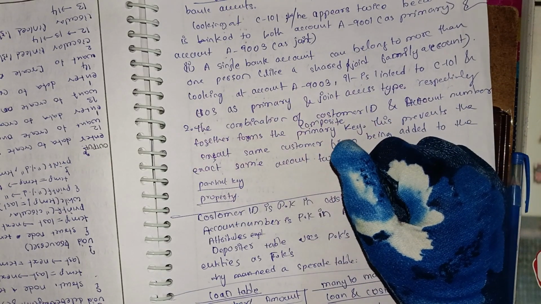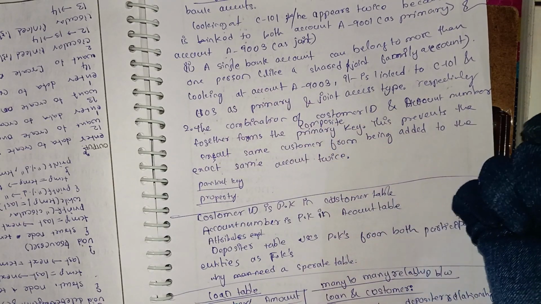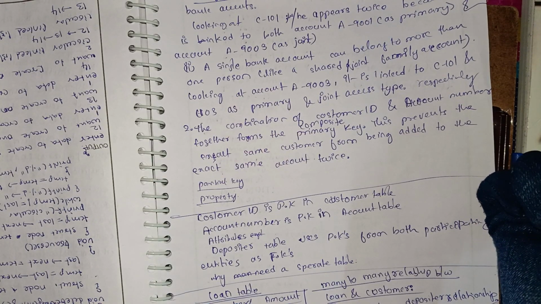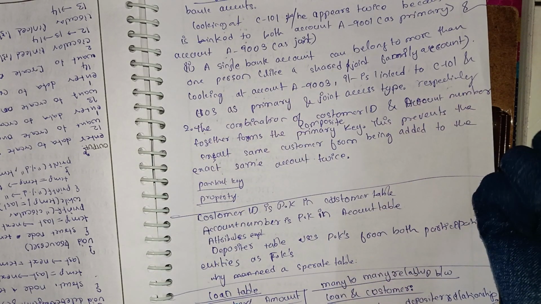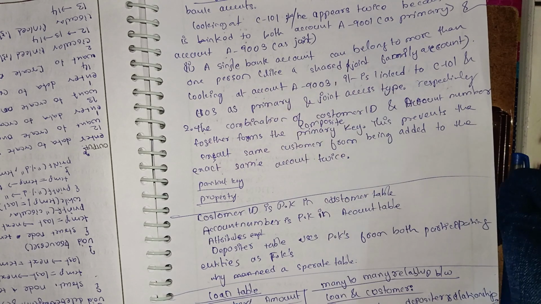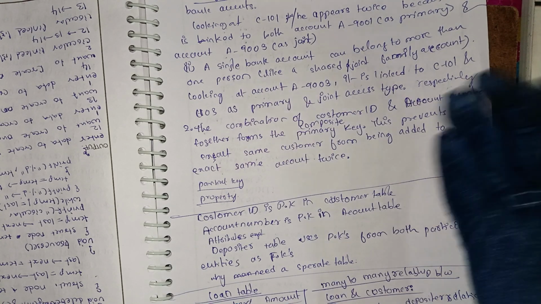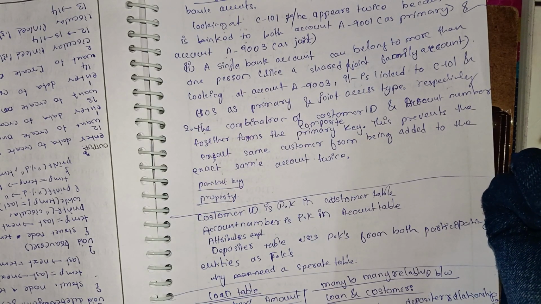So partial key definition is a key which can't identify all rows in the table uniquely, but if it is combined with the primary key of a stronger entity table, then both together they will uniquely identify each row in the table.